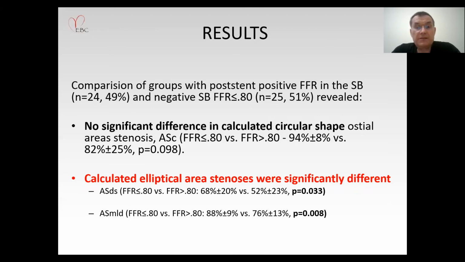However, if the area stenosis at the side branch ostium was calculated as an ellipse with our two different assumptions, there was a significant difference, no matter what type of assumption was made, between the groups with FFR positive and negative results. And in both cases, when the area stenosis was calculated as an ellipse, there was a much more severe ostial area stenosis than in cases with functionally non-significant stenosis.